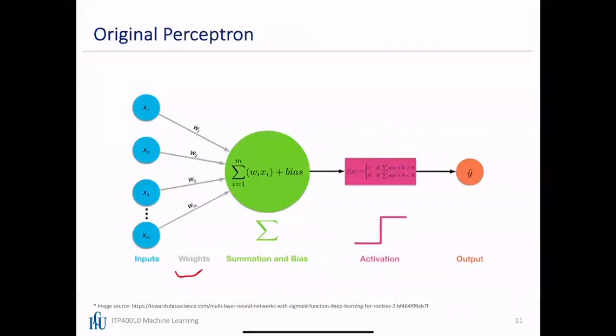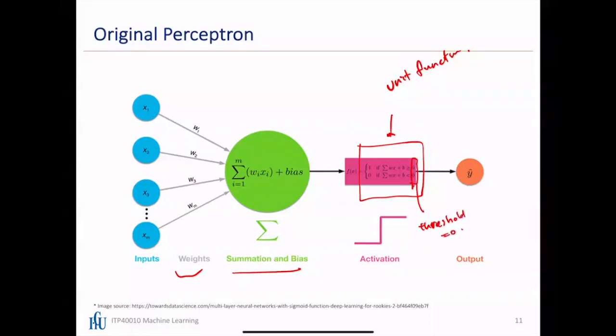Again, weight vector and summation or aggregation, and here is the activation. This is a simple switching function. When something is smaller than a certain value, in this case the threshold is set as 0, the output is 0, and when it is larger than the threshold, the output is 1. This simple unit function was introduced in the original perceptron.